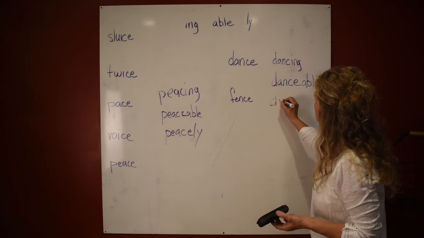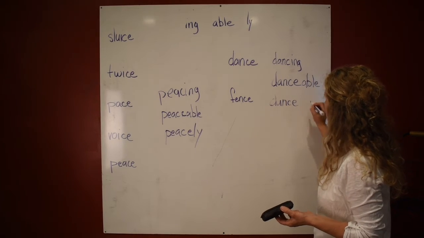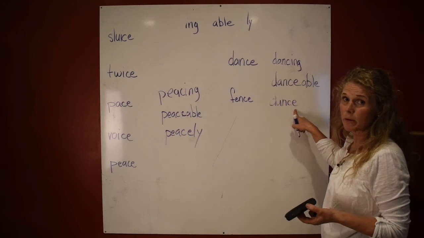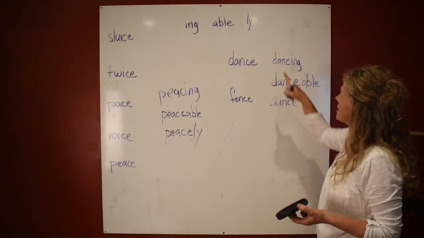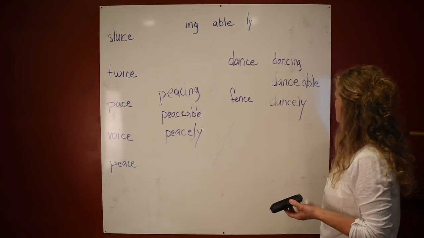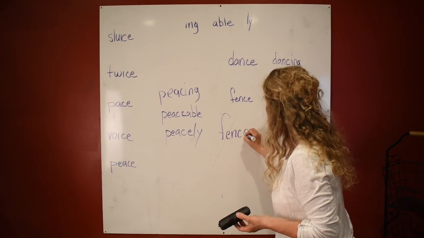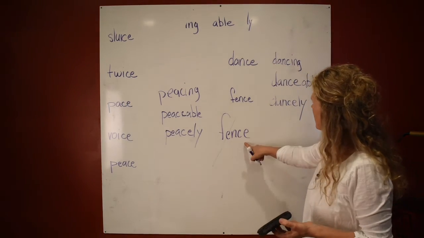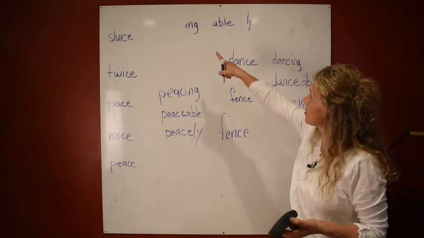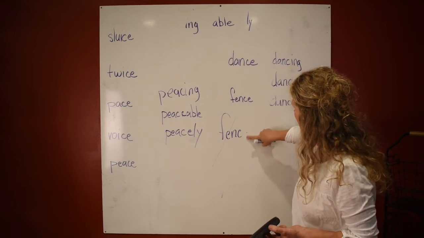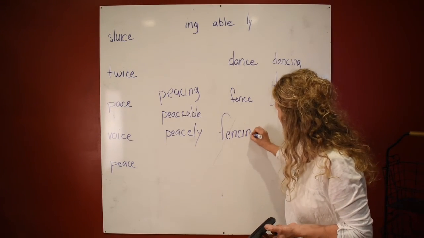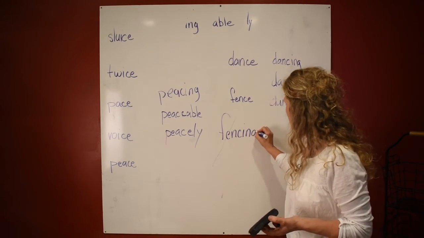Dance, whoops. We don't drop our silent E's when we're adding on consonant suffixes. So we just add that on. Let's do fence. Okay, we're adding on our vowel suffix that starts with an E, I, or a Y. Drop the E and add on your vowel suffix.